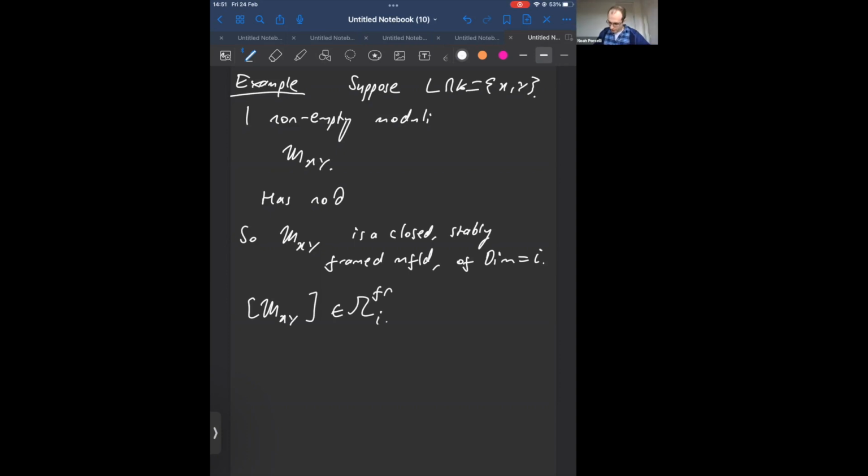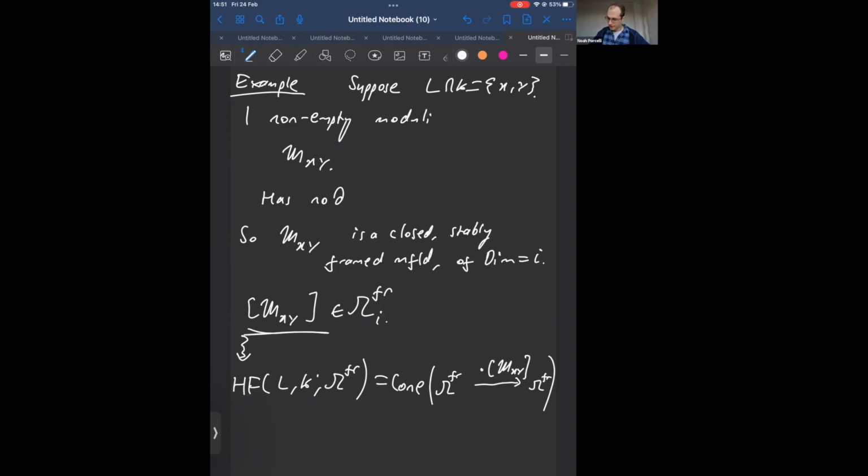And what the construction gives you is that HF of LK over frame bordism is actually the cone over multiplication by MXY. So here I'm kind of using this analogy to modules over a graded ring. So this is a map from the frame bordism ring to itself, but because this element is in non-zero degree, it's not really from frame bordism ring to itself, I need to shift one of these by I. Yeah, so this is what this looks like.